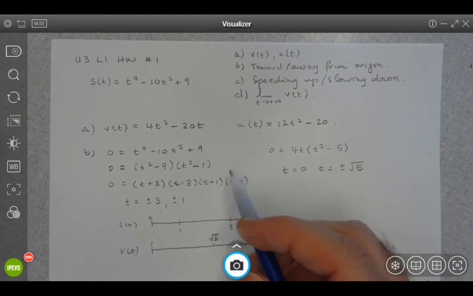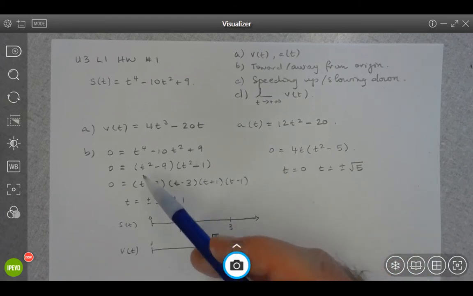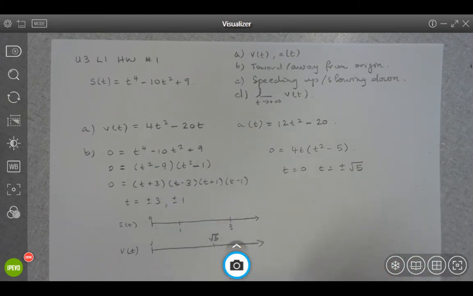Now, notice here that I've got a quartic with a positive leading coefficient, okay? And that's maybe the only reason why I might have kept those other two, because I don't really feel like testing any numbers.